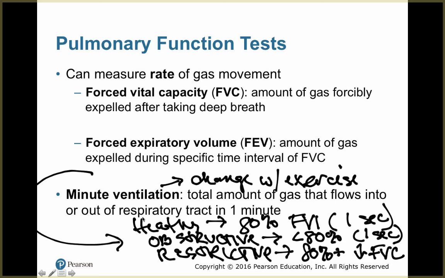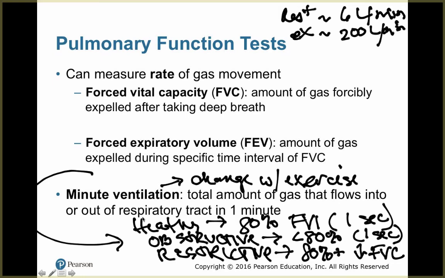For a normal person at rest, you're looking at 6 liters per minute. And during exercise, you're looking at anywhere up to like 200 liters per minute. Now, these are just estimates, right? But it can give you an idea of essentially how much you are being able to track within rest versus exercise.